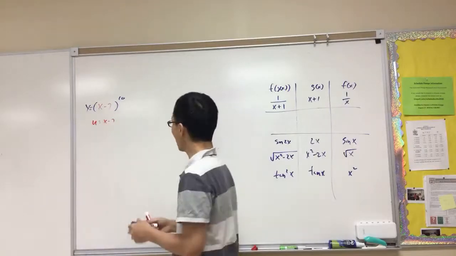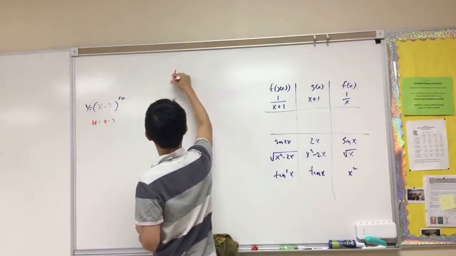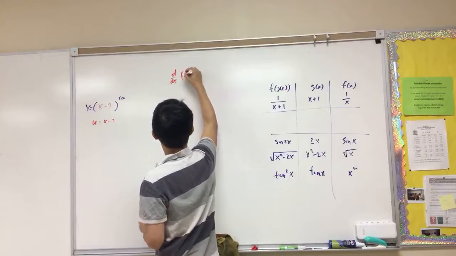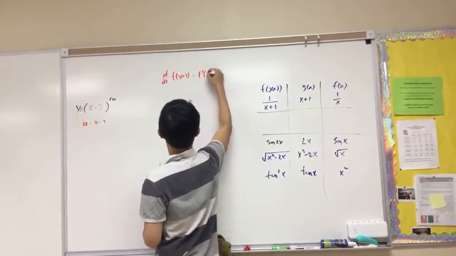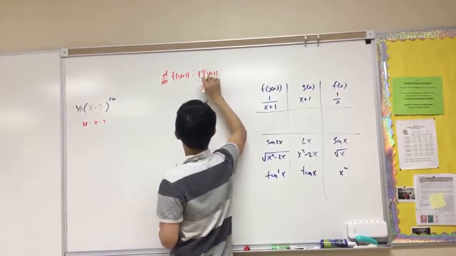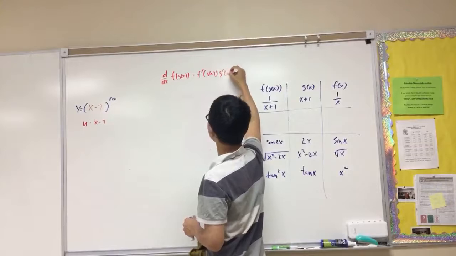Remember, how do I take a derivative of a composite function? d/dx of f of g of x is equal to f prime of g of x, which is u, times g prime of x.